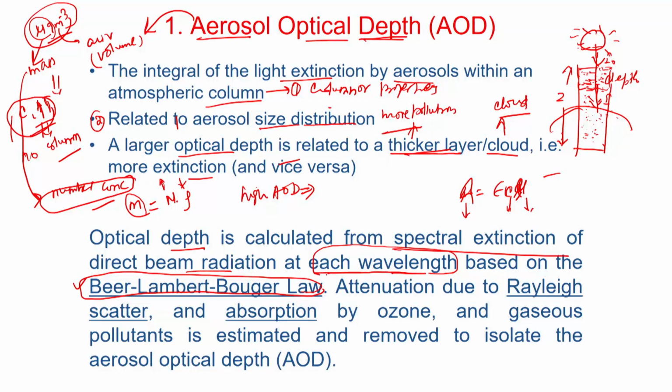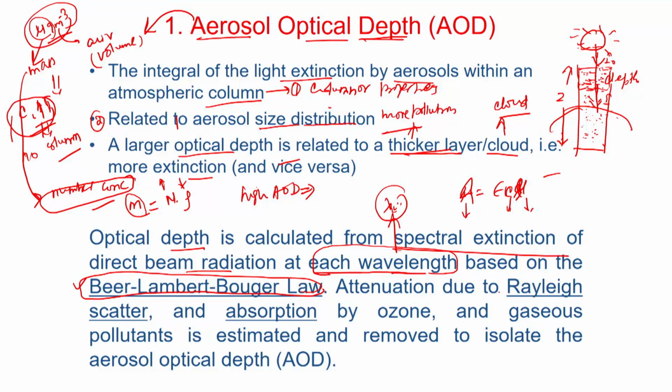You have to use each wavelength, and spectral extinction of direct beam radiation, because solar radiation contains several wavelengths, from gamma rays to the longer Hertzian waves, so you have to consider all the wavelengths. But we will come to that when we narrow down. We see that for us the absorption in the UV, visible and IR regions becomes more important compared to other regions, because in other regions we don't talk about aerosols.